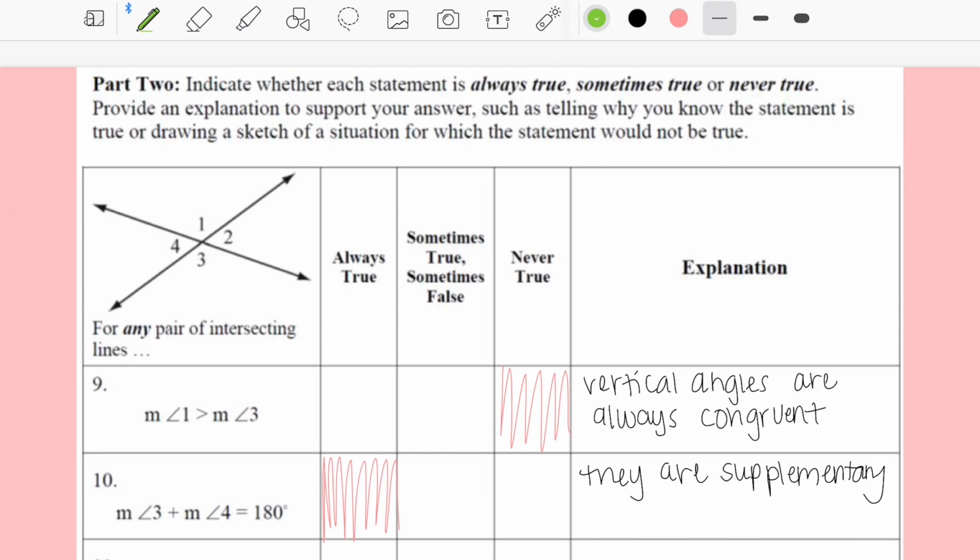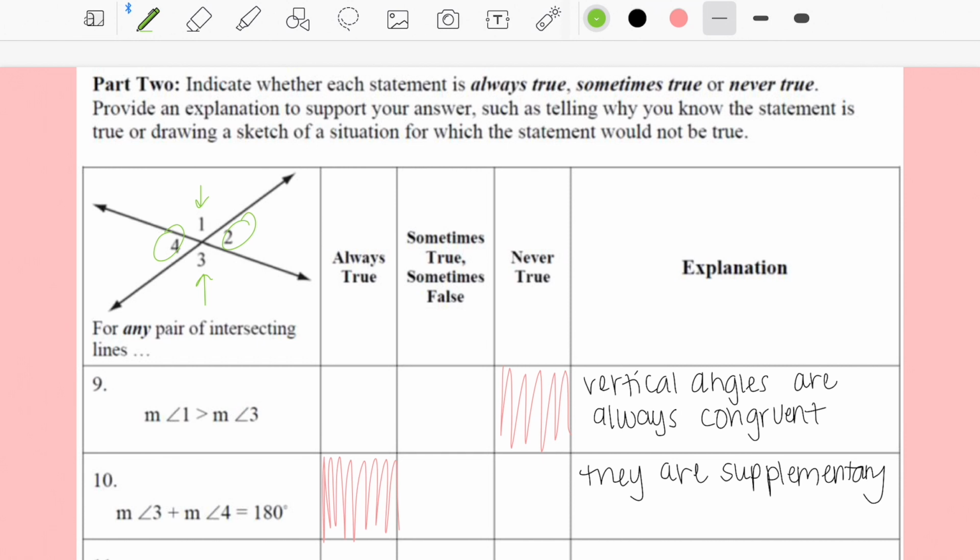Lastly, now we have the measure of angle 4 plus the measure of angle 2 is less than 180. Well, if we look at our picture, probably, but let's say I make this our bigger angle and that one.